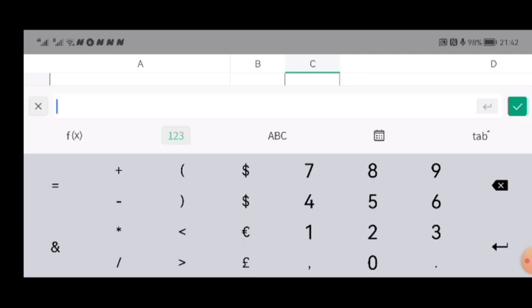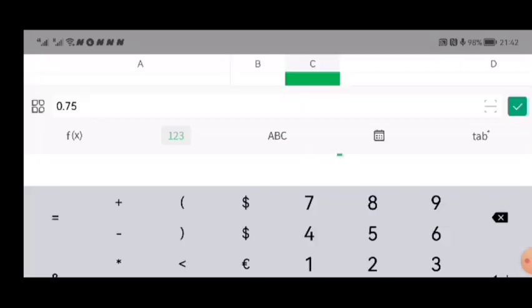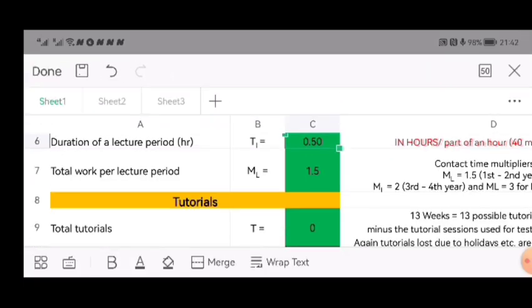So if that is in periods, it's 4 lectures. Then it is 0.5 of an hour, because that was supposed to be in hours. So we change that to 0.5. We have it there.